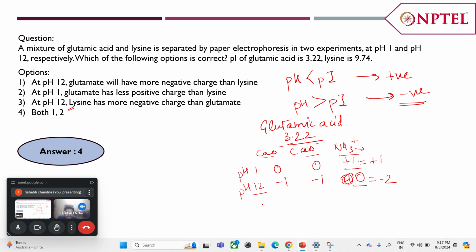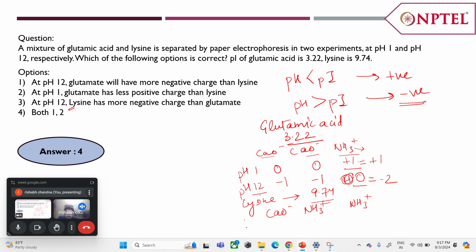Okay, now considering the case for lysine that has a pI of 9.74. So it has three groups: COO minus, then we have NH3 plus and NH3 plus, because lysine is a positively charged amino acid, or a basic amino acid.